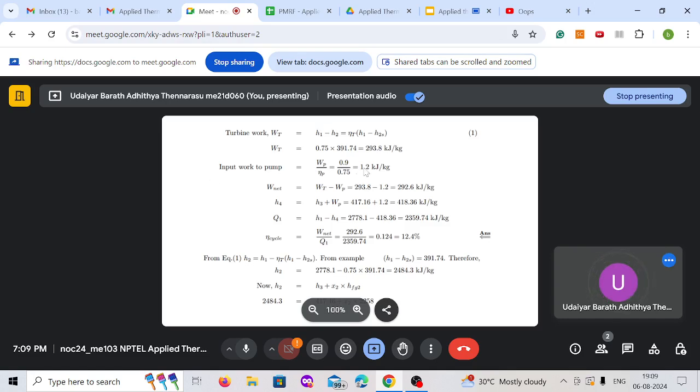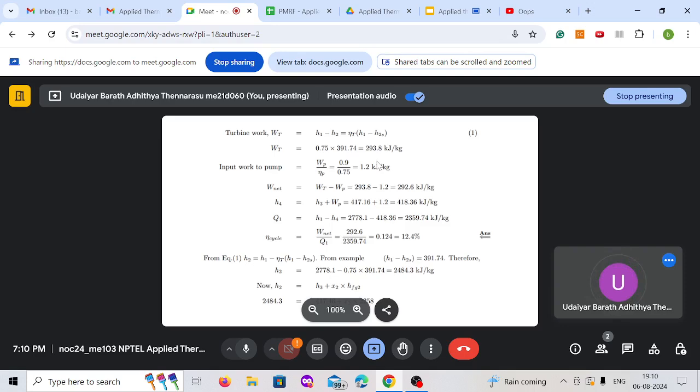So here the pump efficiency is 0.75, and the pump work is the ideal pump work divided by the efficiency, so 0.9 divided by 0.75 gives 1.2 kilojoule per kg. Comparing to the previous problem, the turbine generated 391.74 kilojoule per kg of work, but now it has reduced to 293.8 kilojoule per kg, and similarly the pump work has increased from 0.9 to 1.2 kilojoule per kg, taking into account the turbine and pump efficiency of 75%.